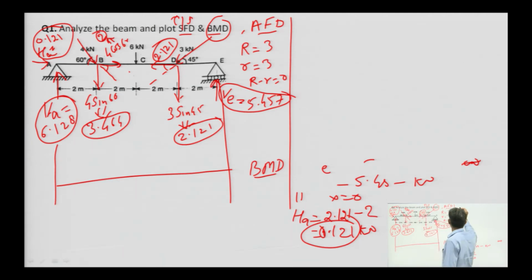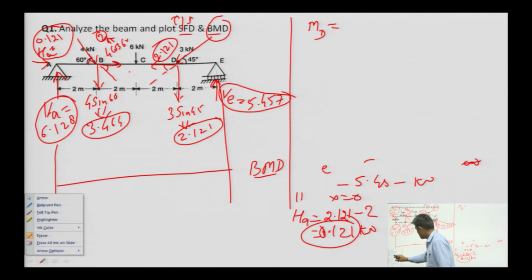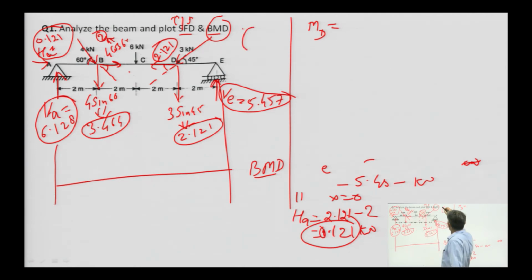So, bending moment at point D. Okay. Let us calculate the bending moment at point D. Let me make the sign convention first of all. So, the sign convention we are using is this one, for the left part and for the right part.